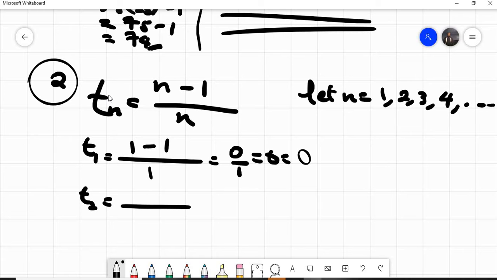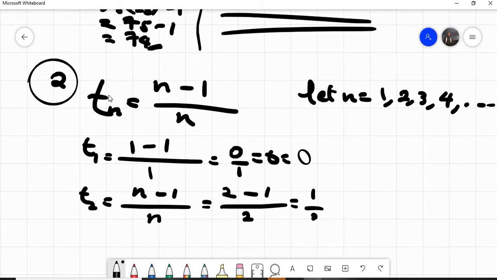Let's write the formula first. n minus 1 over n, which equals 2 minus 1 over 2, that is 1 over 2, half. So we got half. So we can see it's going up: 0, then half, then maybe 2/3.